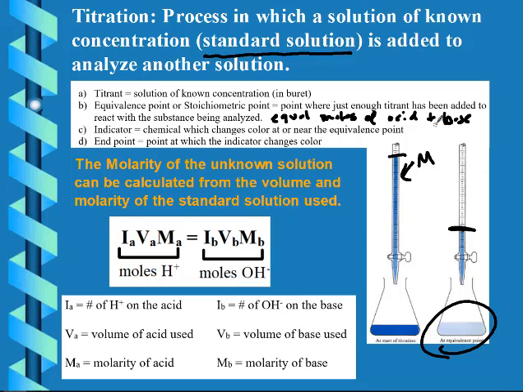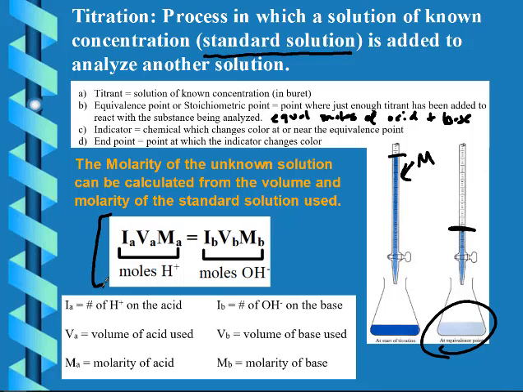So using titration, the molarity of the unknown solution can be calculated from the volume and molarity of the standard solution that was used. We can use stoichiometry and write a balanced equation and do it that way. But a shorthand way is to use this equation.